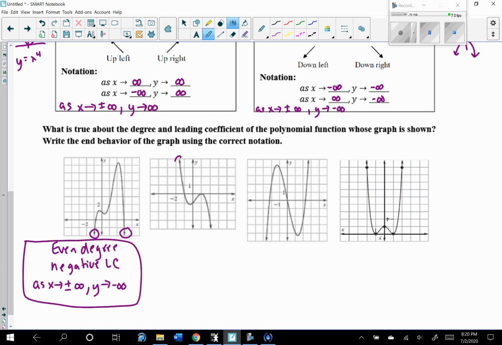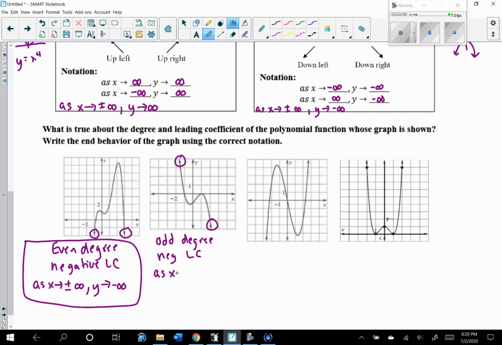Looking at this next one, this end's up, this one's down. So when they're opposite, you know it has to be an odd degree. And when this side's up and this one's down, think about your smallest power: y equals x goes this way, so y equals negative x. That means it's a negative leading coefficient. And so this one we do have to write separately.